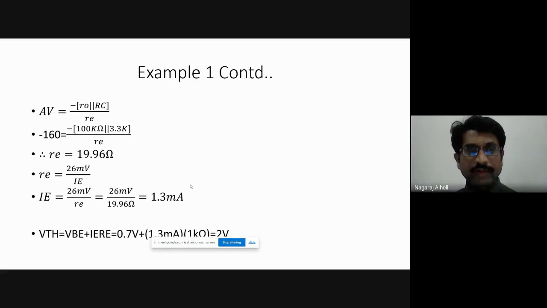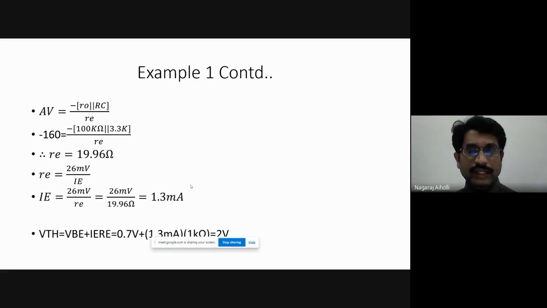We know that when we were discussing in module 1, the method for finding the different voltages, there we discussed the exact method and the approximate method. Two methods we have discussed related to the voltage divider bias circuit.